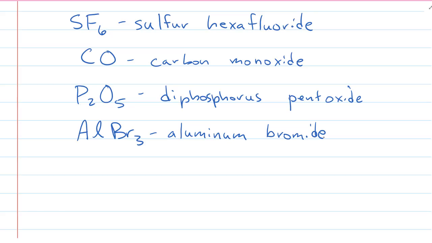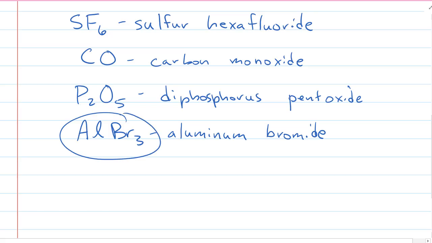The reason for that is because this is not a binary molecular compound. This here is a binary ionic compound, because we have a metal combined with a non-metal. We can't forget those rules that we looked at before. This is binary ionic, so the prefixes are not included.